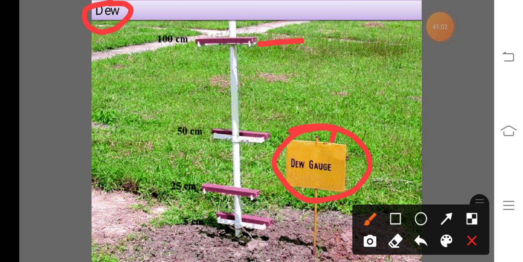This is the red oxide plates, wooden plates. On wooden plates, the water droplets are deposited at night, and this water droplet, that means dew, is measured before the sunrise.